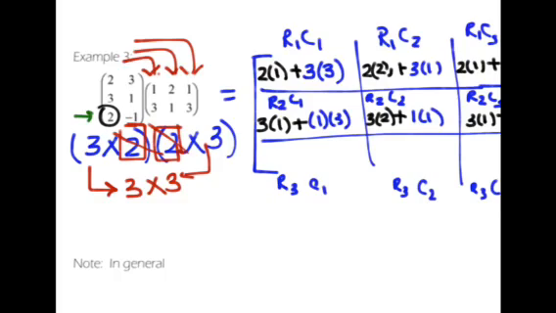This 2 times this 1, this -1 times this 3, then the next column, the same 2, but now it's going to get multiplied by this 2, and this -1 times that 1.